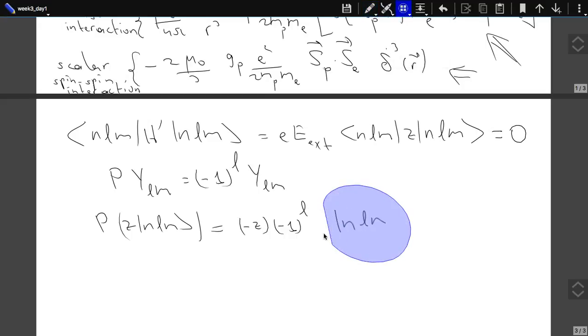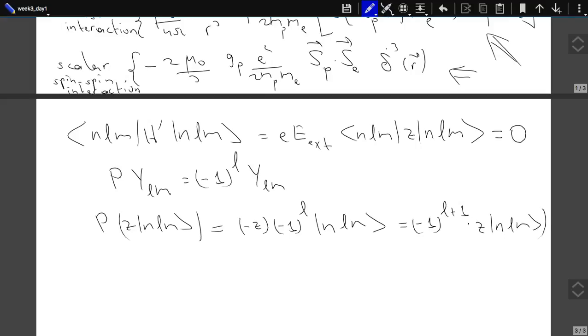Let me finish and then you can ask. So this is equal to (-1)^(l+1) z|n l m>. So z|n l m> is an eigenstate of parity with eigenvalue (-1)^(l+1), whereas |n l m> is an eigenstate of parity with eigenvalue (-1)^l. Hence these two states are eigenstates of parity with different eigenvalues, and they have to be orthogonal to each other.